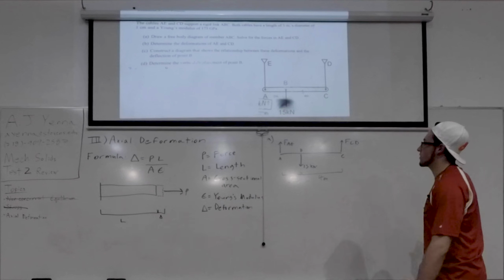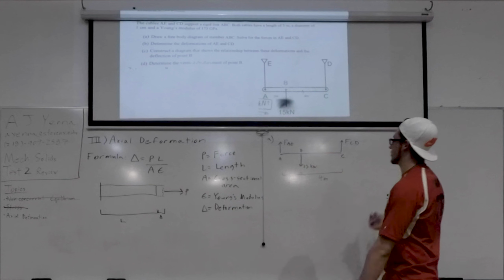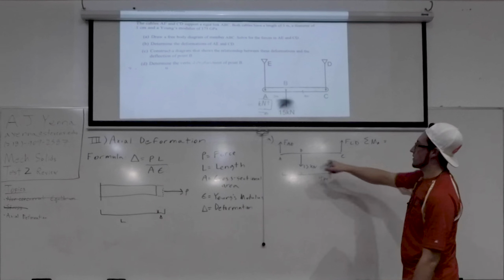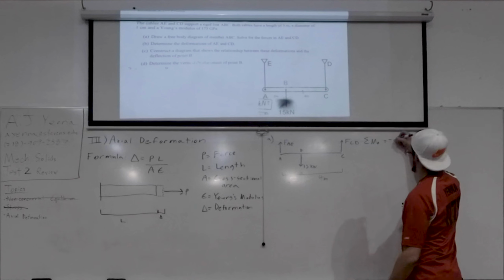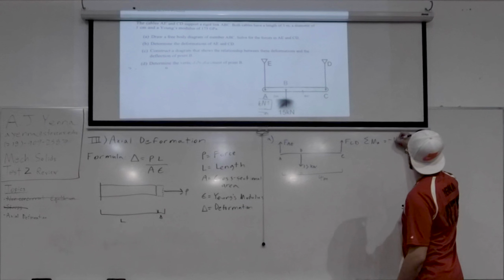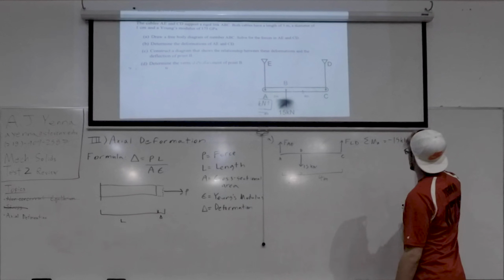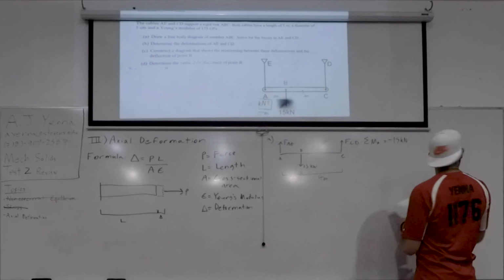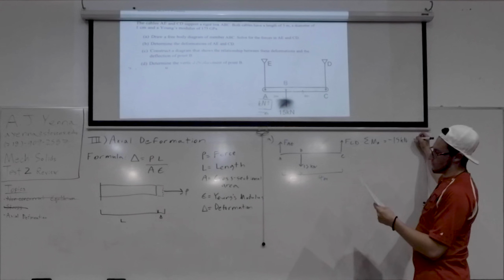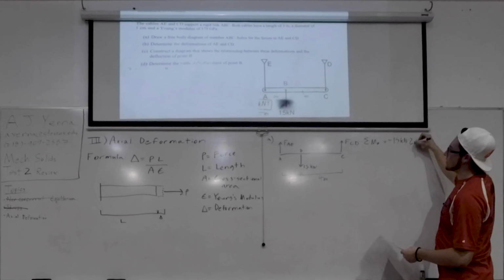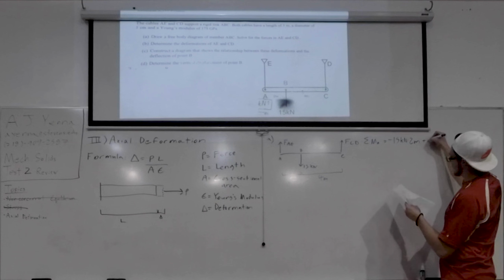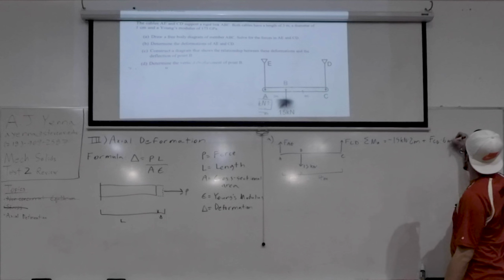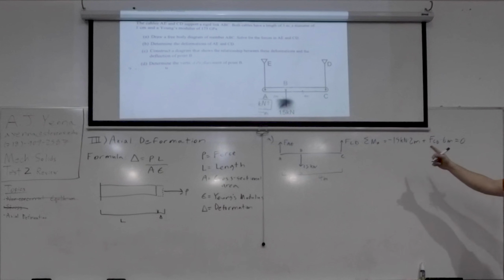So I took the moment about A so that this force goes away. The moment about A is negative 15 kilonewtons times 2 meters plus FCD times 6 meters is 0.